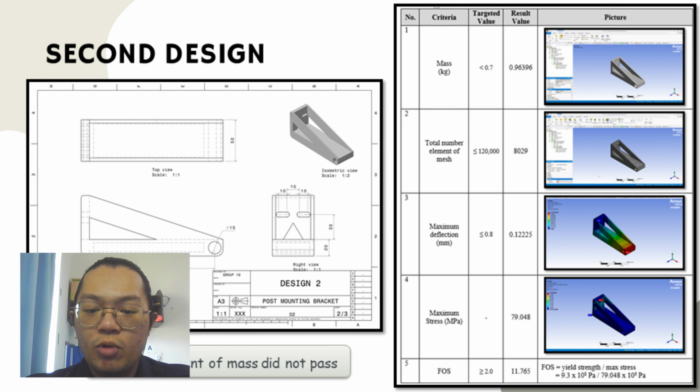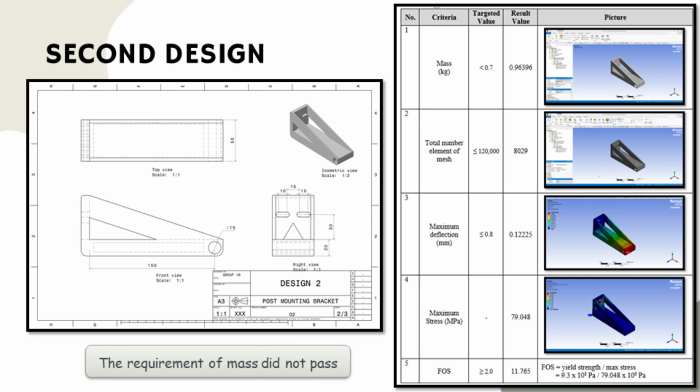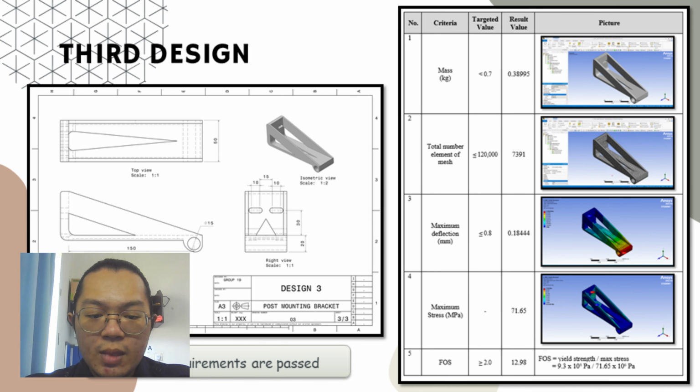However, the weight was still slightly above the target. Consequently, we arrived at our third design by incorporating a kite-shaped hole at the center of the bar and thinning the bar. This final design not only met all the requirements but also yielded outstanding results.